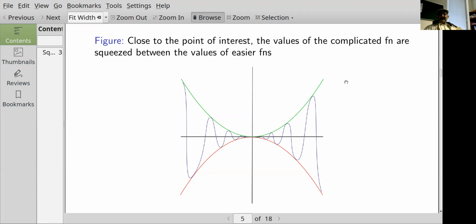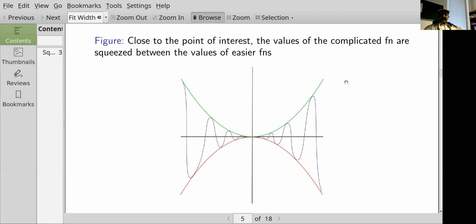We have a simple function whose graph is in green. We have another simple function whose graph is in red. At the point of interest, they're both coming to the same limit. And the values of a complicated function, that's the one whose graph is in blue, lie between the values of the two simpler functions.